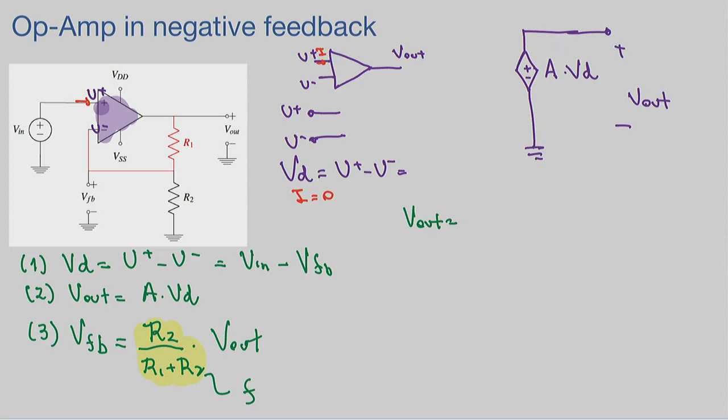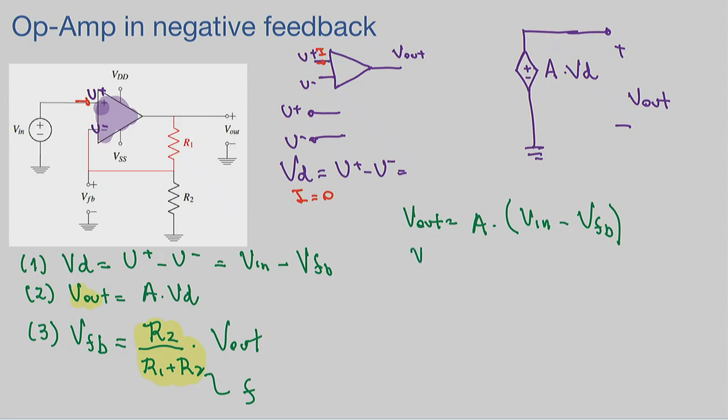V out is A times VD, the V differential, which is V in minus V feedback.